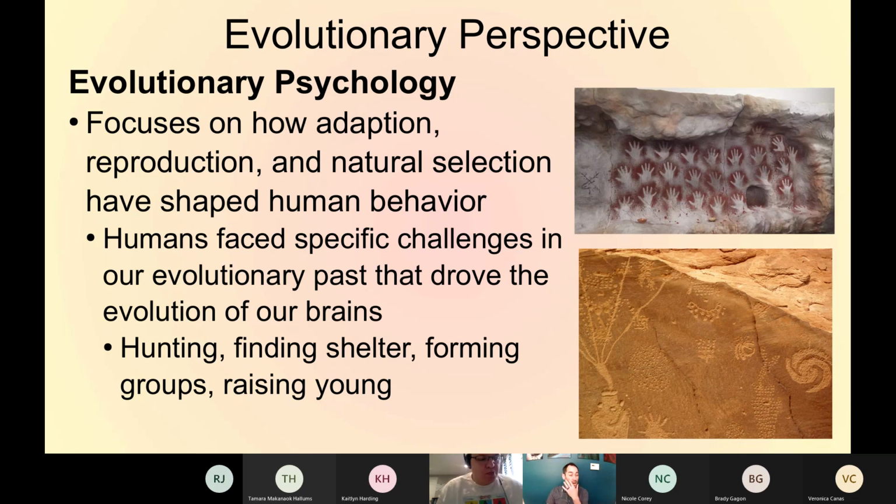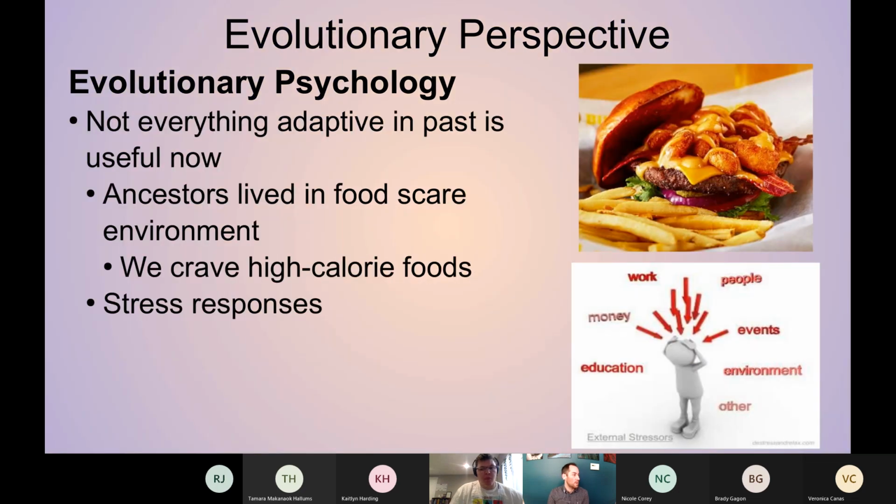But again, not everything is exclusively dependent on behavioral genetics. And as well, some of those adaptations are not necessarily adaptive to us now. A good example of this is that our human ancestors lived in food scarce environments. So humans have evolved the genetic tendency to like high fat and high calorie foods.